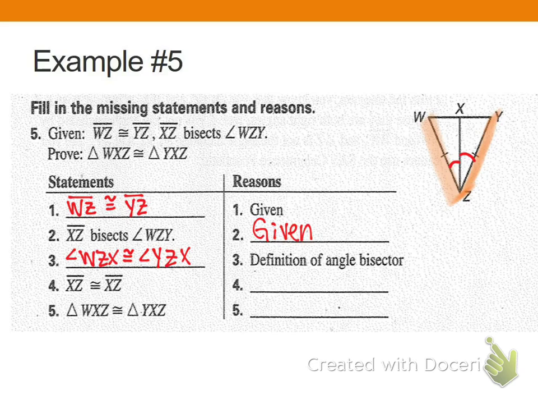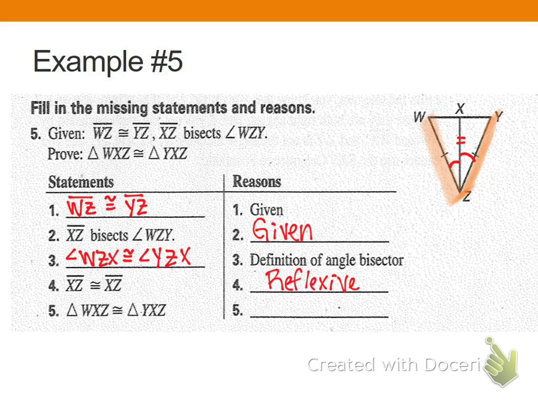Okay? What allows us to say that side XZ is congruent to itself? This is something we talked about earlier. The reflexive property. The reflexive property allows us to say that a side is congruent to itself, so we can give it 2 little tick marks.